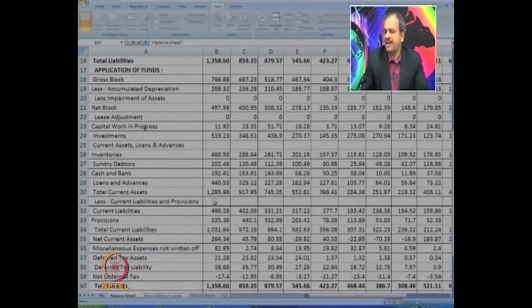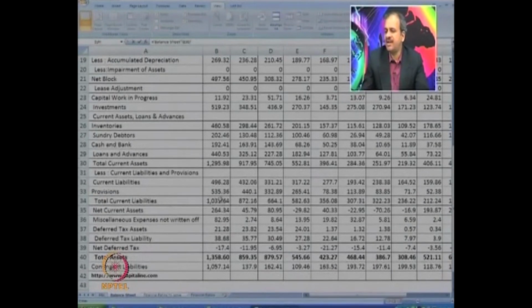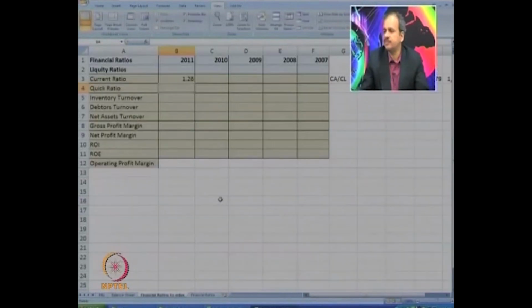Here you can see directly we are given the total current assets, and we will divide it by the total current liabilities, wherein we take both current liabilities and provisions. So, 1.26. If you drag to earlier years, you will know that the current ratio is more or less constant, though only in the recent year 2011 has it increased.